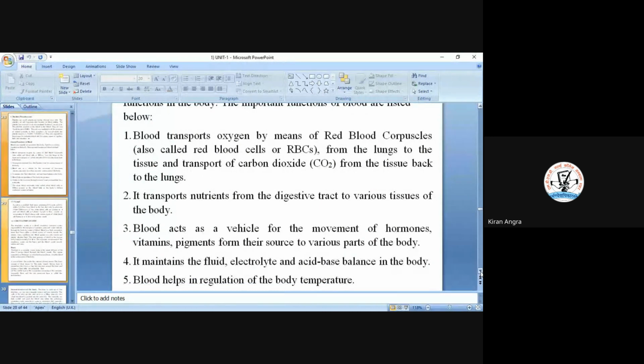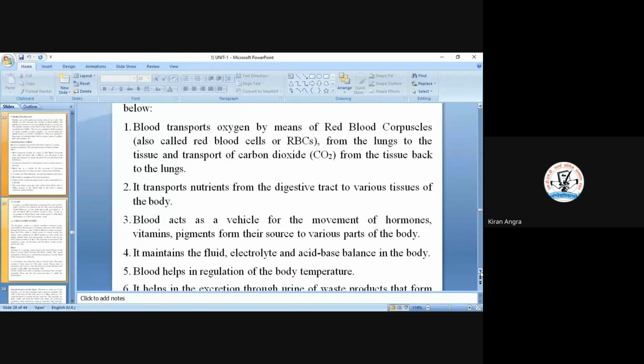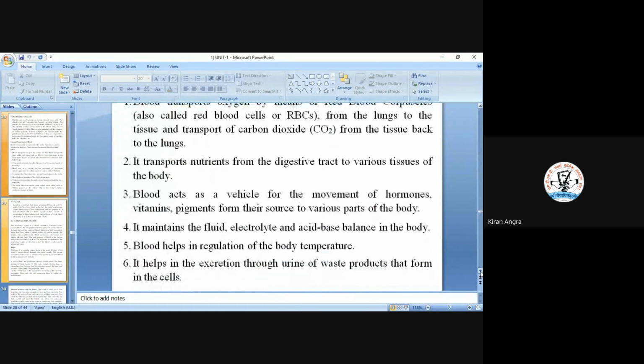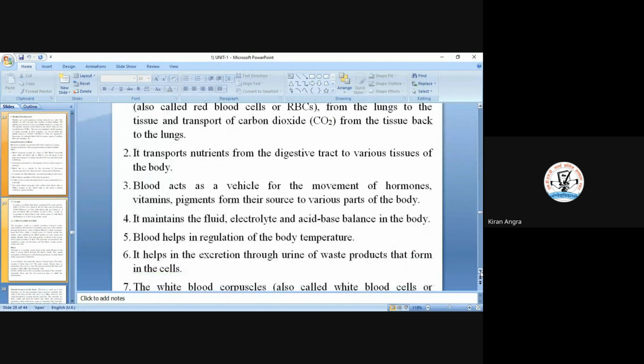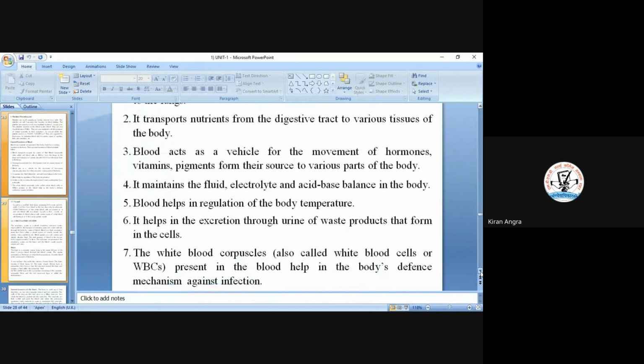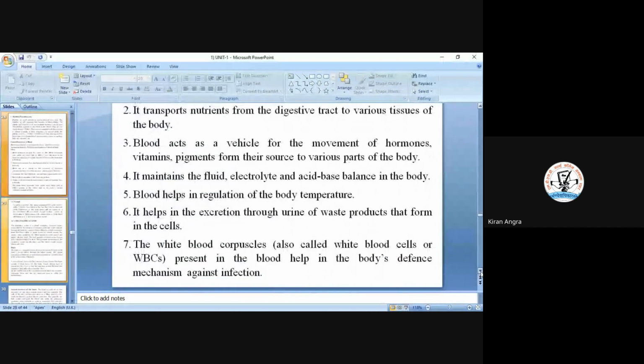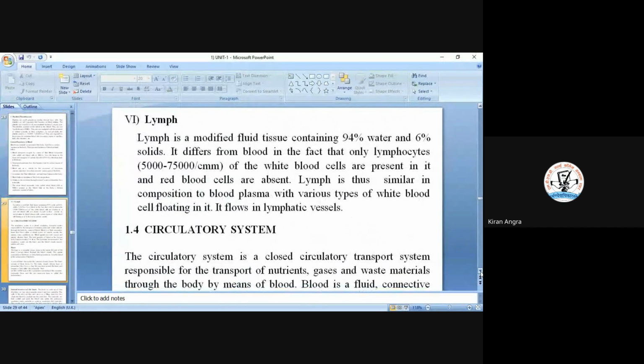One is the blood, another is the lymph. Lymph is again a connective tissue. It is a modified fluid tissue containing 94% water and 6% solids.